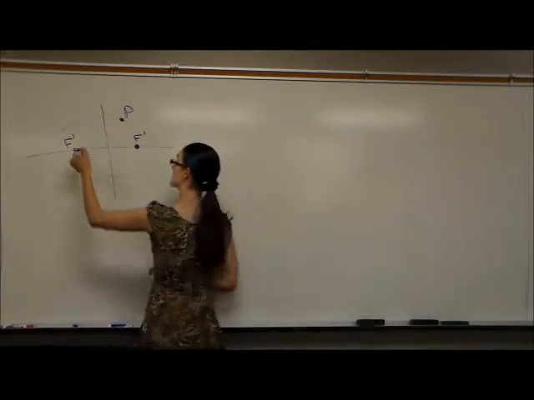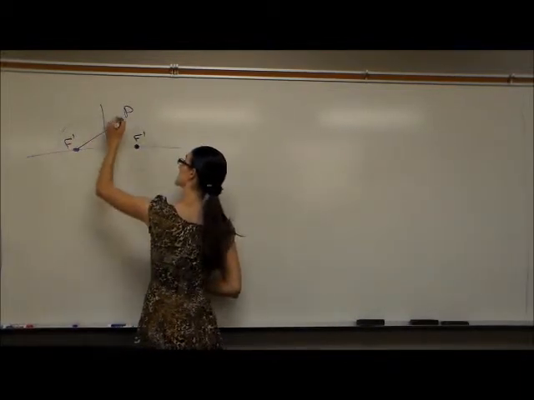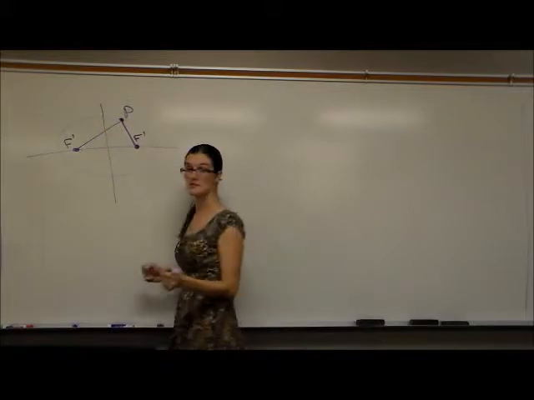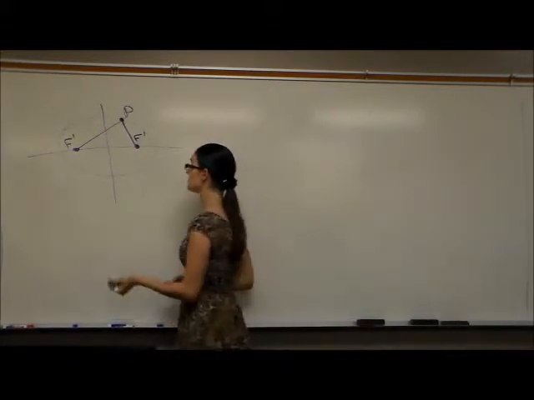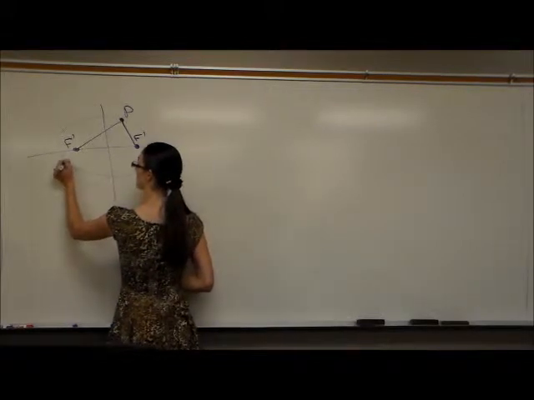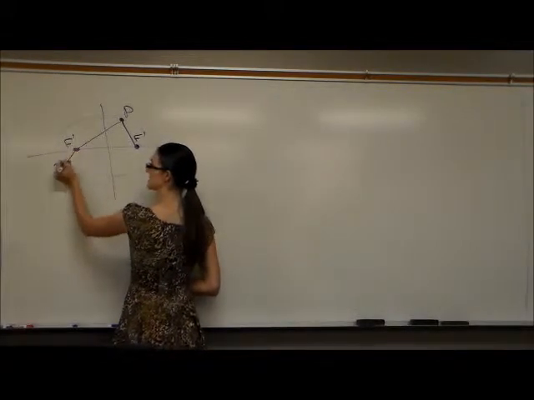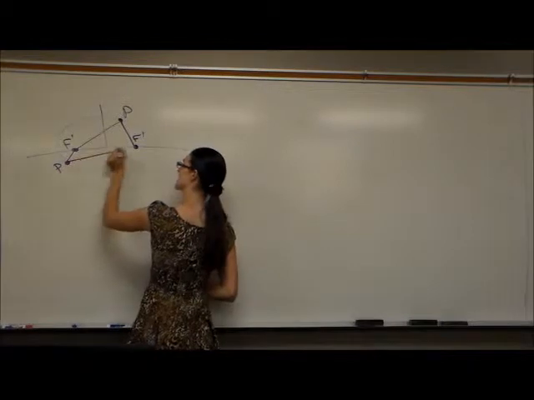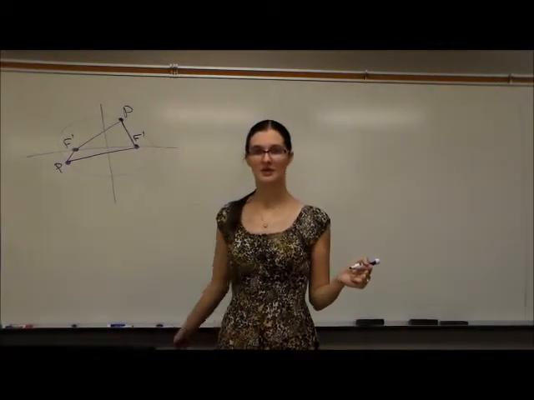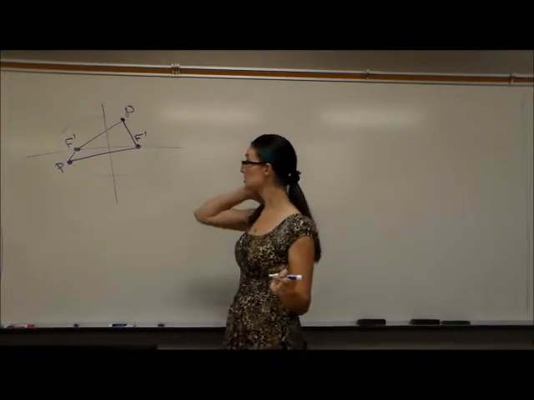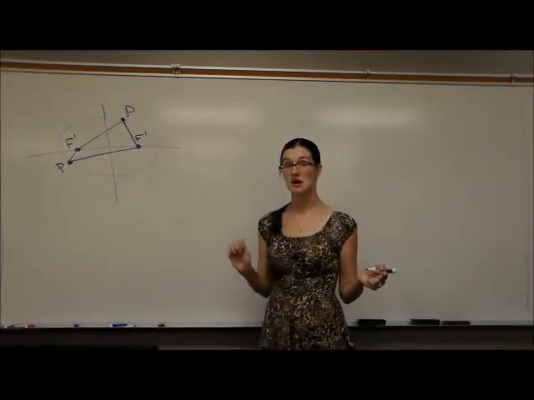You take the distance from this focus to P plus the distance from that focus, and it'll equal one number. Then if I were to move P over here, the distance from this focus plus the distance from that focus should still be the exact same number we got the first time. Shouldn't be anything different. Should always be constant.